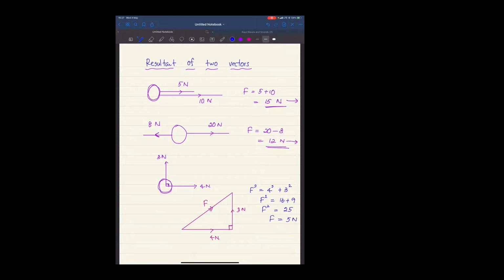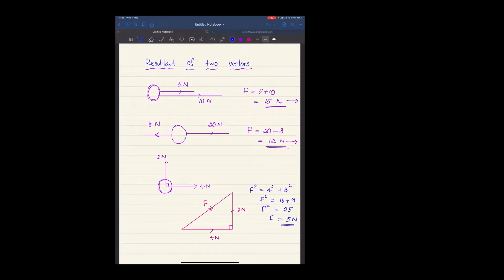So the resultant force is 5 newtons. Is that clear? So if they are in the same direction, you add the two vectors. If they are in opposite directions, you subtract the two vectors. And if they are perpendicular, you need to do this.